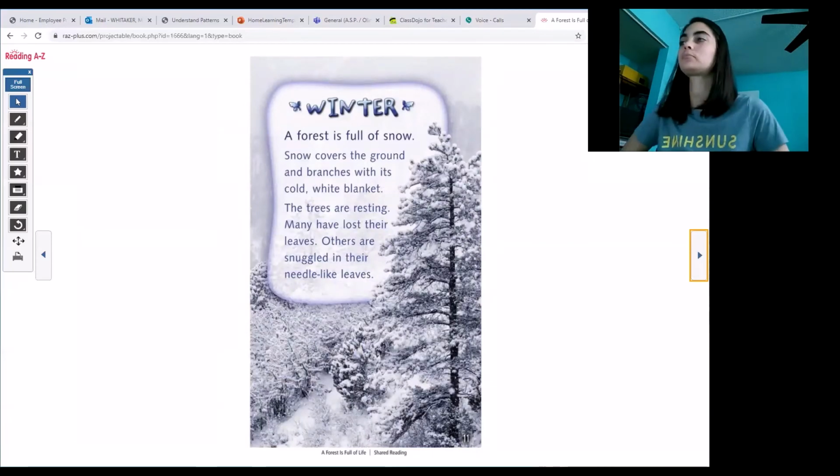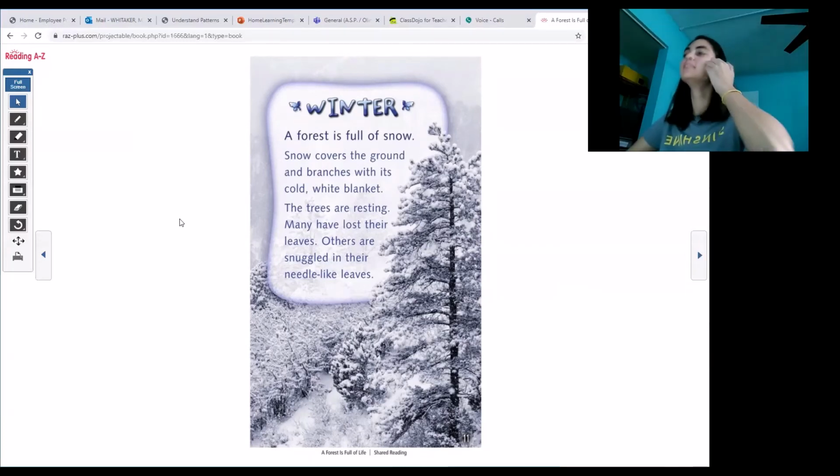A forest in snow. Snow covers the ground and brushes with its cold. Many trees have lost their leaves. Others are snuggled in their needle-like leaves. We don't really have snow like that at all, but in some places they do.